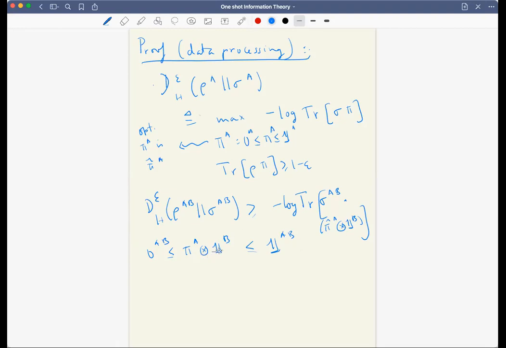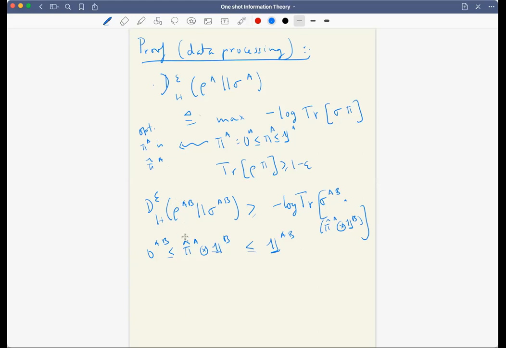So these eigenvalues are the same as the eigenvalues of pi, but with multiplicities: each eigenvalue gets repeated dimension B times. But that's fine. Whatever it is, it's between 0 and 1. So first of all, I've seen that pi hat A tensor identity B is a POVM element.